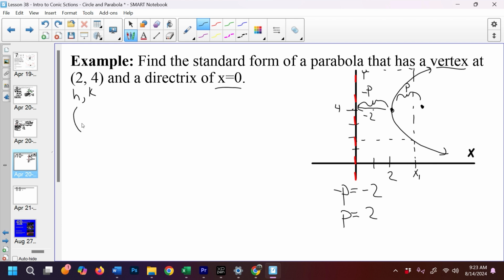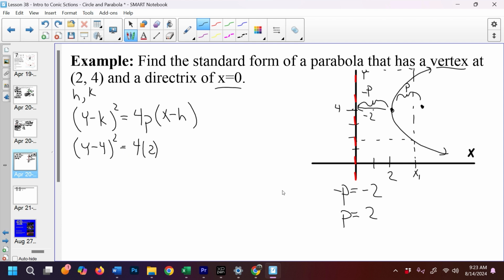So here I have 2 y's for 1 x. That means that I'm going to use the y minus k quantity squared is equal to 4p times x minus h. All I have to do is plug in. I'll have y minus 4 squared equals 4 times 2.